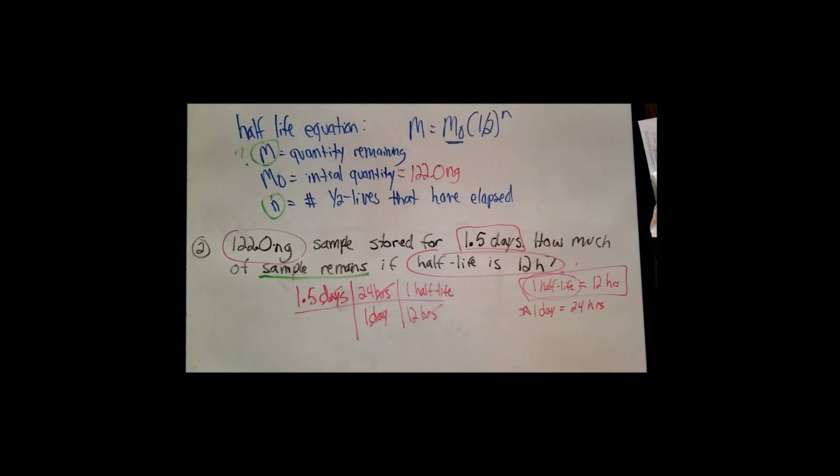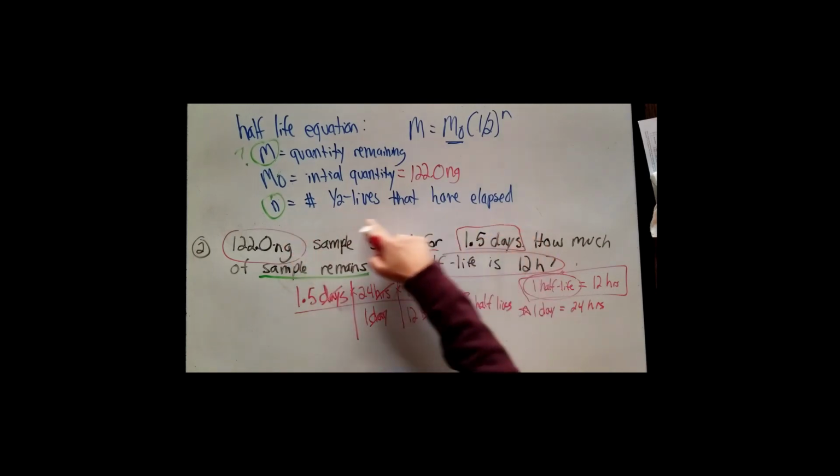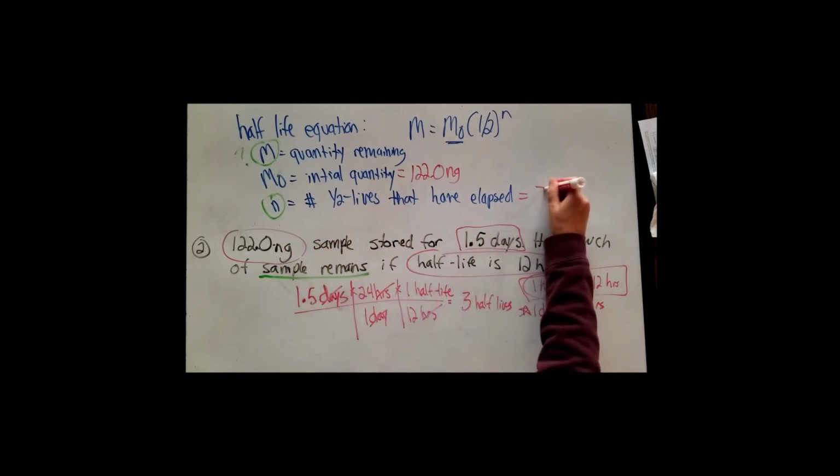Hours and hours cancel. So to solve, I'm taking 1.5 times 24, because remember, multiply across, and then divide by what's on the bottom, which is 12. So 1.5 times 24 divided by 12, I get 3. That means 3 half-lives have passed. So my n value, the number of half-lives that have elapsed, is 3.